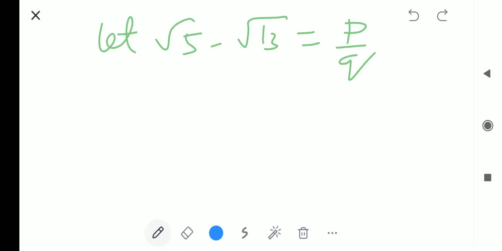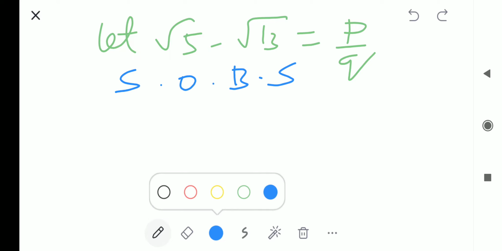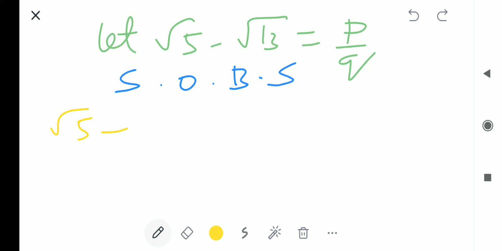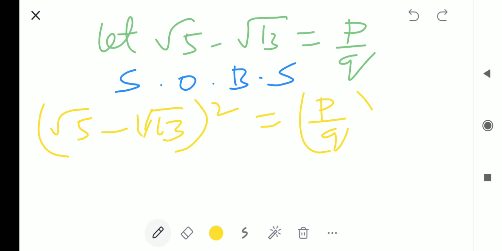As it is in the form of root a minus root b, I should go for squaring on both sides. Squaring at left, I get root 5 minus root 13 whole square is equal to p by q whole square.